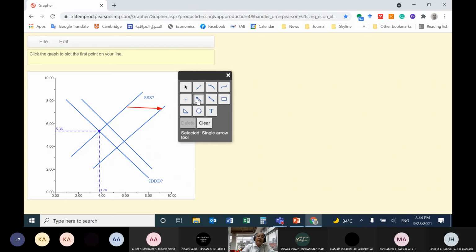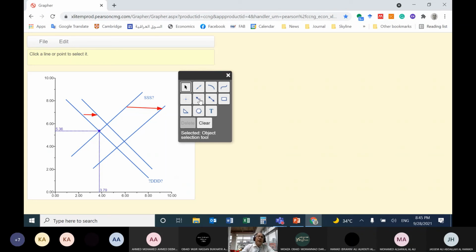This is called an increase in demand. Because income increases and the product is normal, demand shifts to the right.